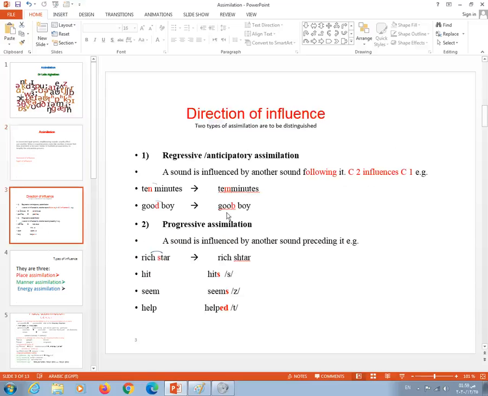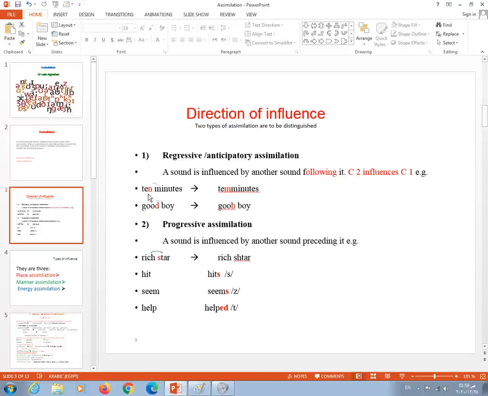As far as directions of influence, we have two main types of assimilation in this regard. Number one, regressive or anticipatory assimilation. Here we find that a sound is influenced by another sound following it. So here we have consonant 2 influence consonant 1.